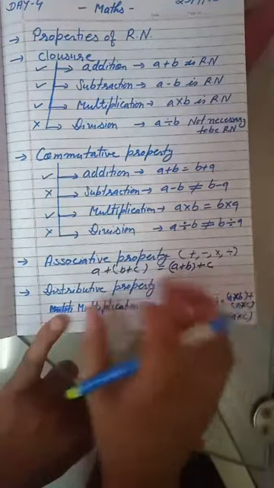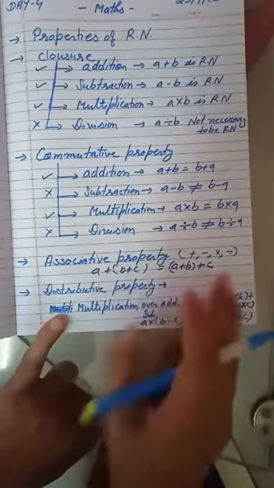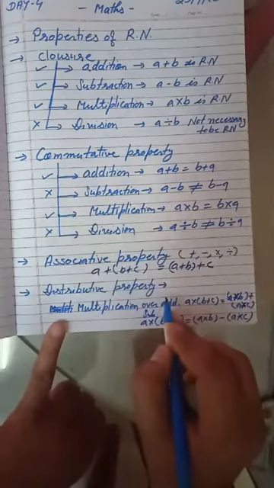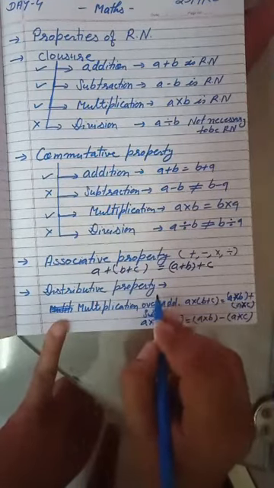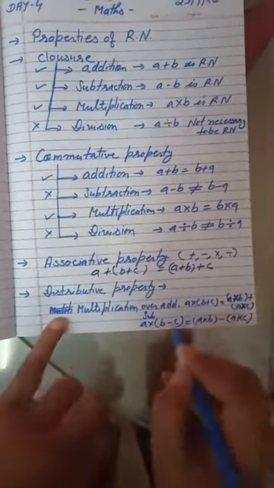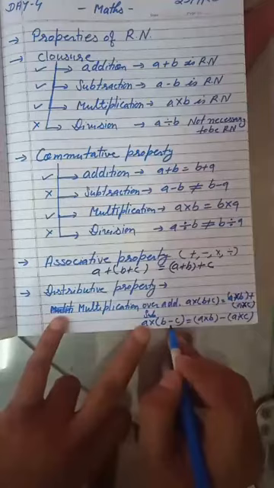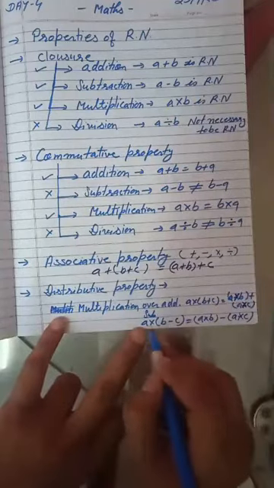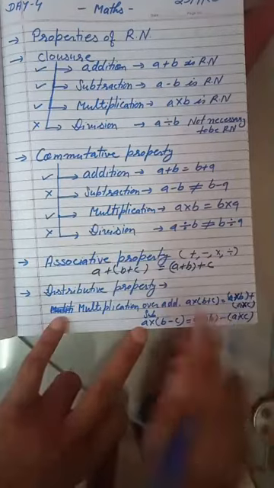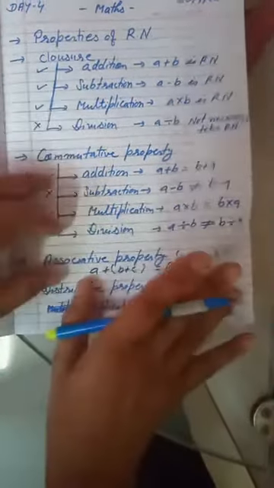Whether these are equal or not, we will discuss. The last property is the distributive property. The distributive property shows two operations in the same question, like when you multiply and there is also subtraction: a multiplied by b minus a multiplied by c. We will see it in our next step.